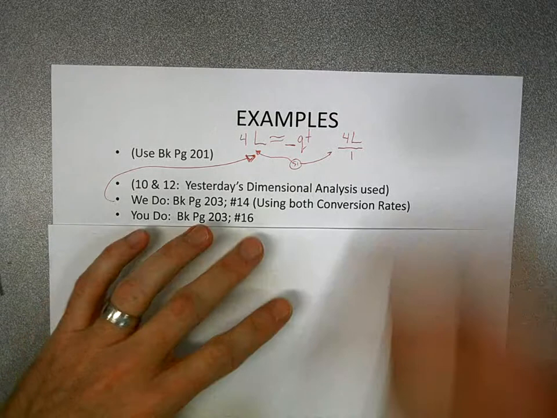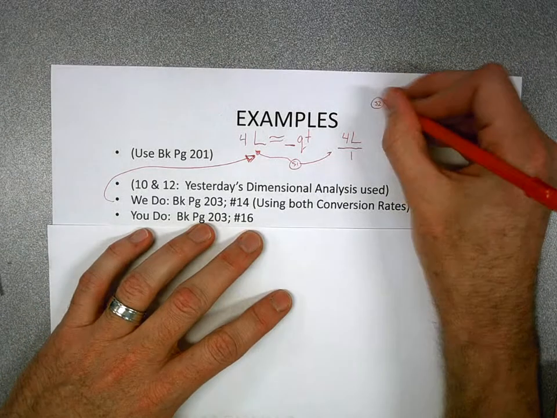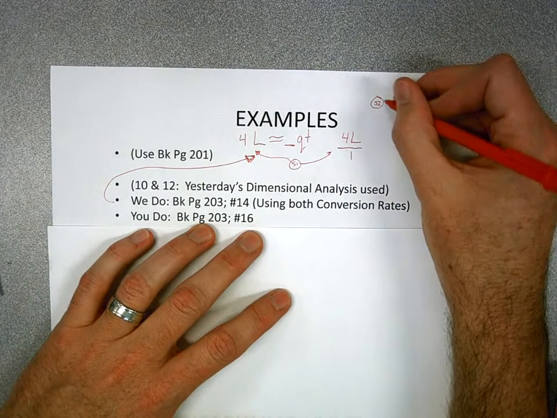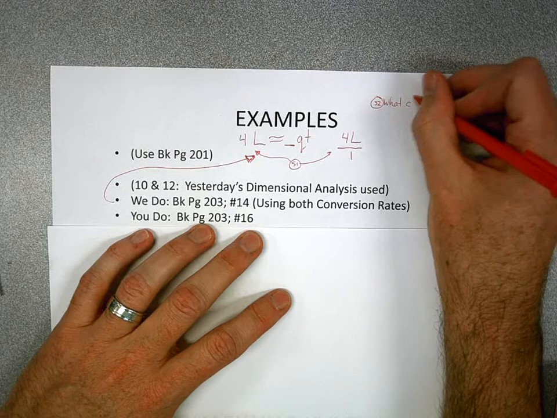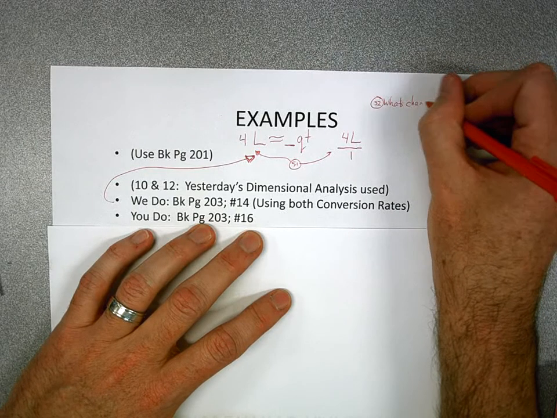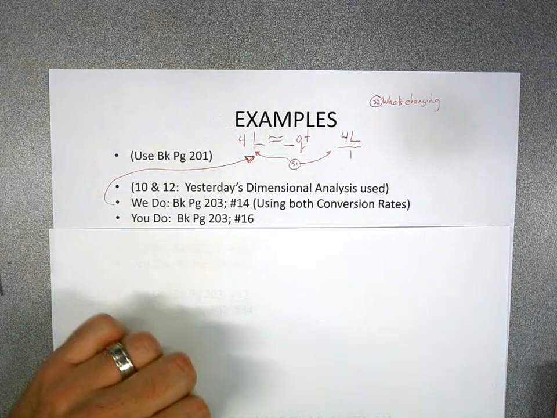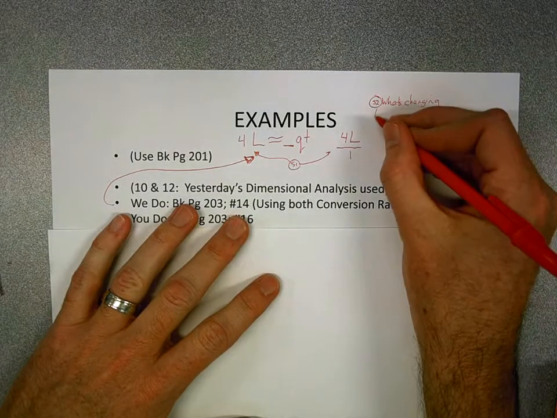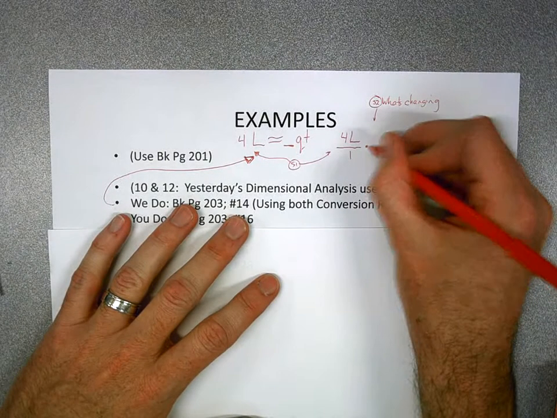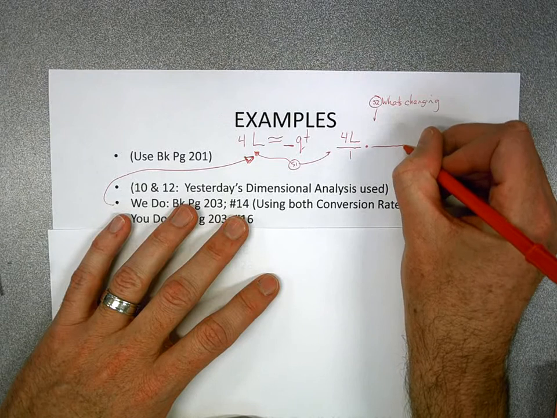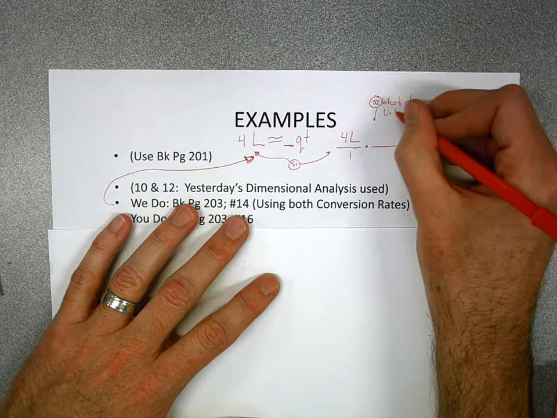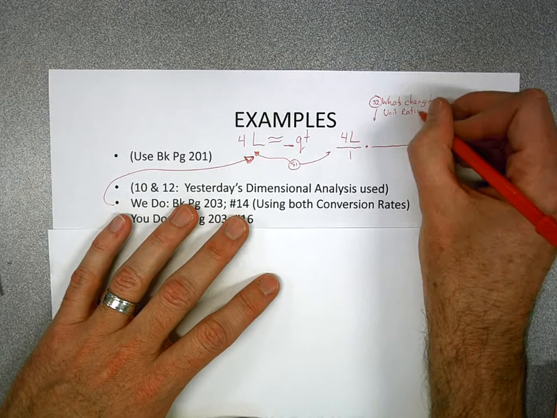Okay. Now, step 2 is just like yesterday. What are we changing? What's changing? Okay. Liters to quarts. So guess what we're going to do? We're going to go ahead and write our unit ratio with the idea, right, of cross-canceling.